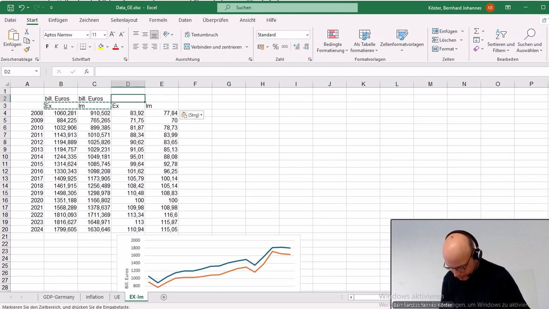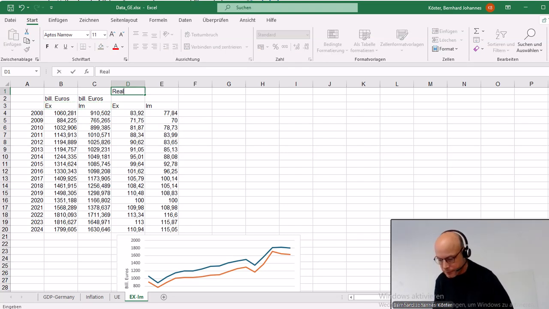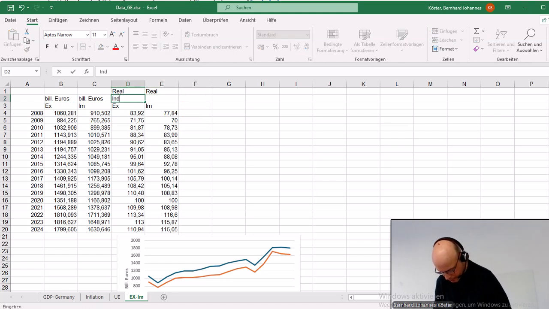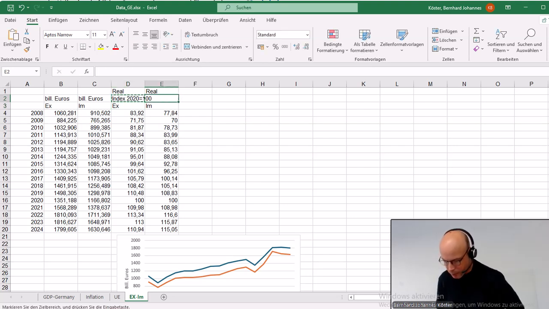And this is real. And this was the index 2020 equals 100. All this information you then also have to provide when you are showing such diagrams.